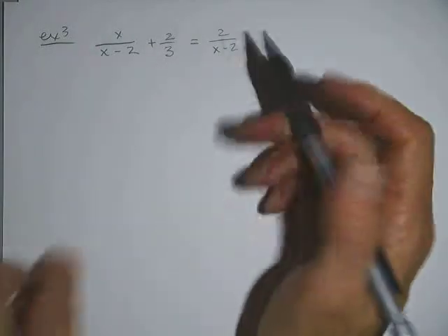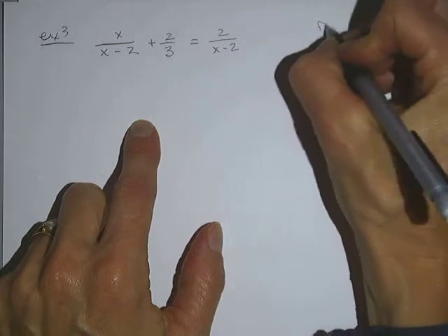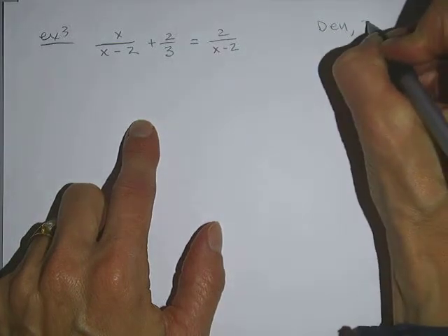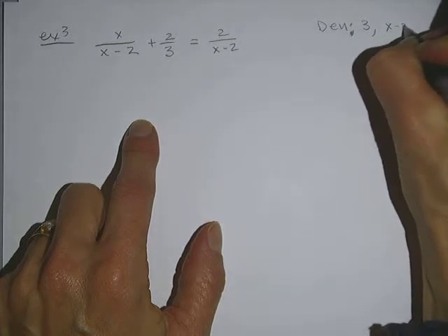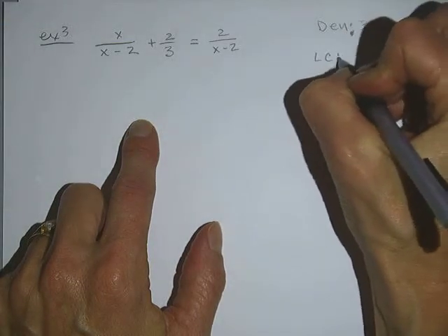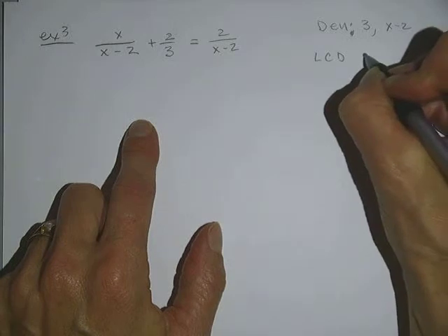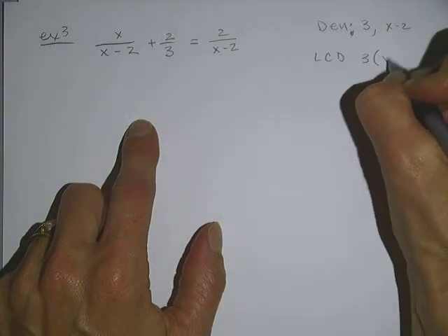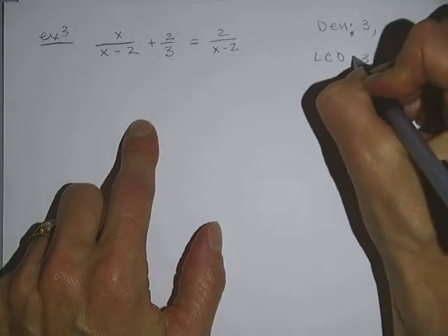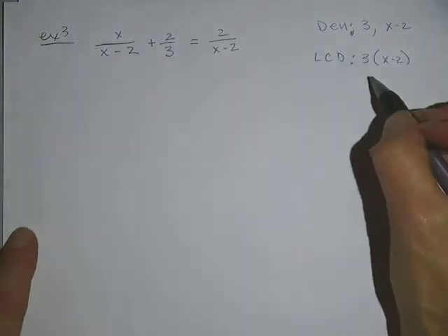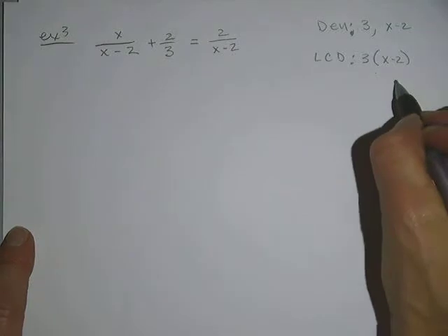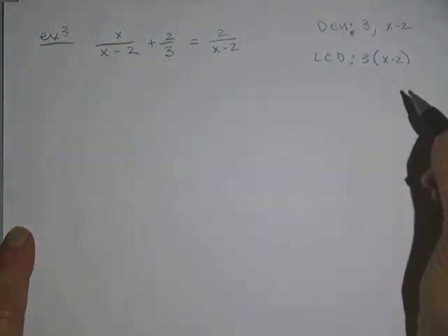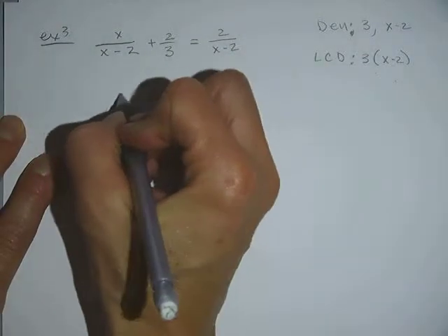When you look at all three denominators, what's going to be the common denominator? My denominators in this case are 3 and x minus 2. So what is my least common denominator? Yeah, 3 times x minus 2. That's my least common denominator. So what I can do is multiply the entire thing by that. Does that make sense?